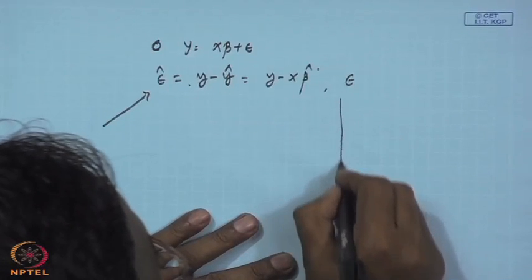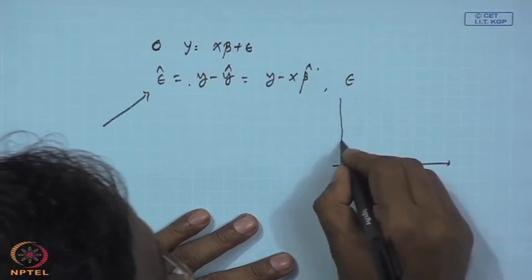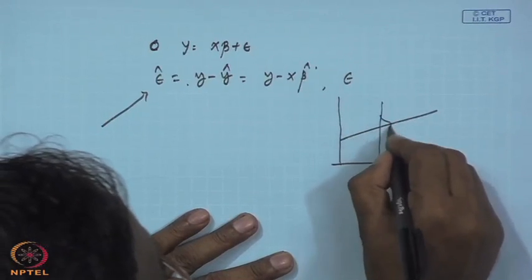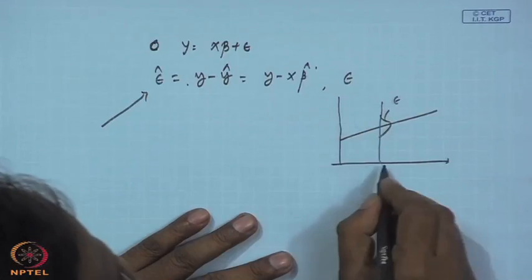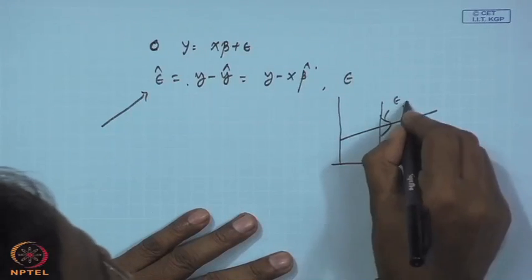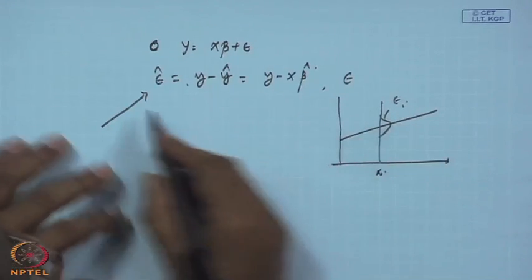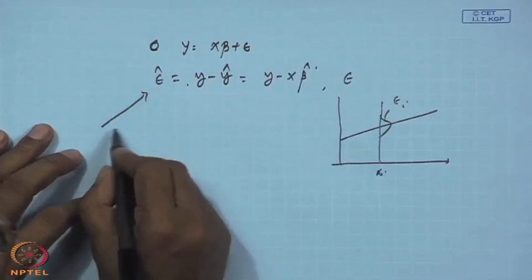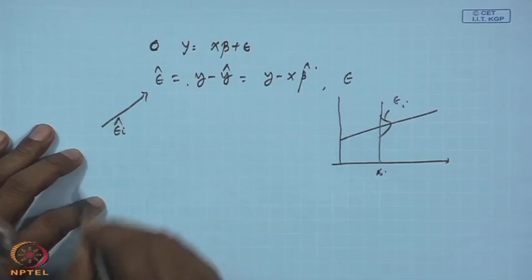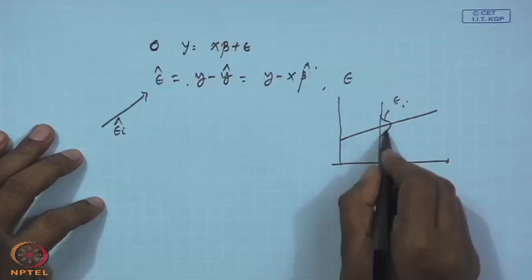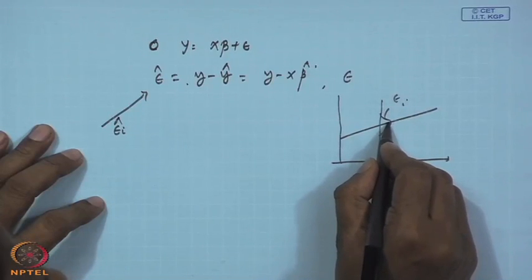When we define in the population domain, we say this is epsilon. If it is xi, then epsilon i, this is the distribution. Now, you are finding out epsilon i cap for this case. Okay.